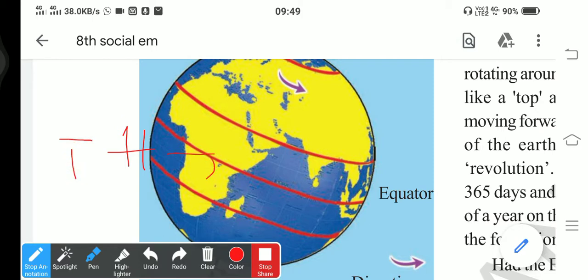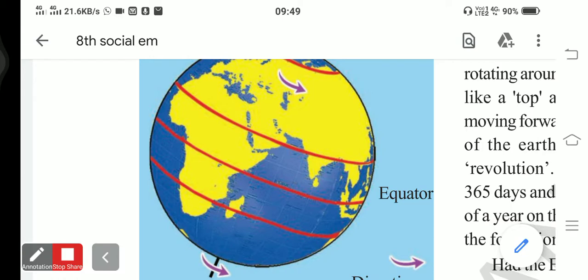In this way, we find the temperature is distributed unevenly. That means it is not heated throughout the earth in the same manner.